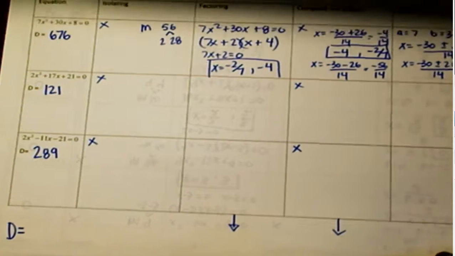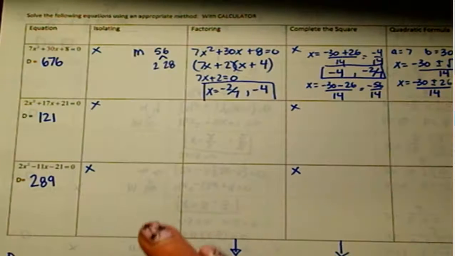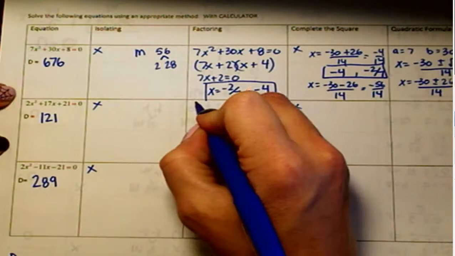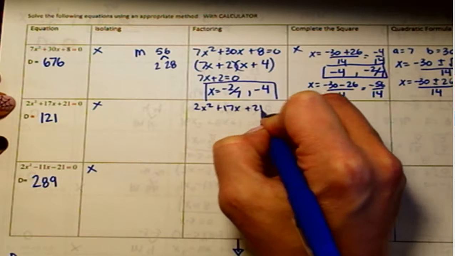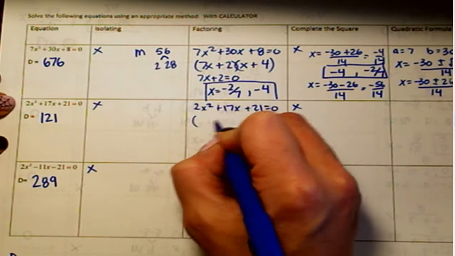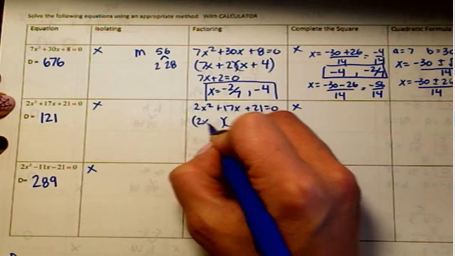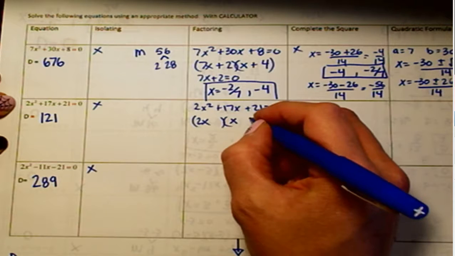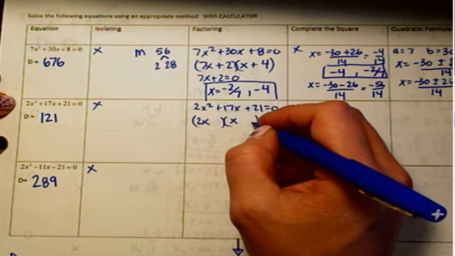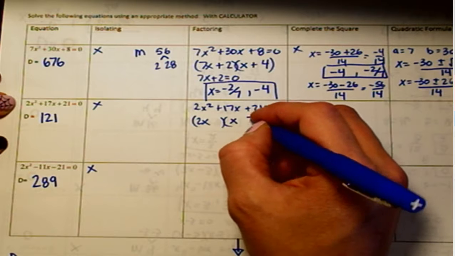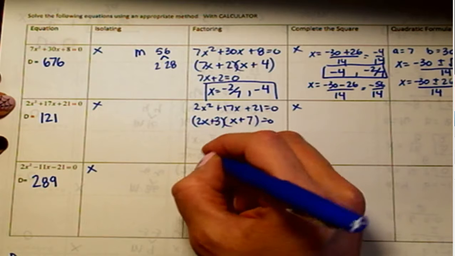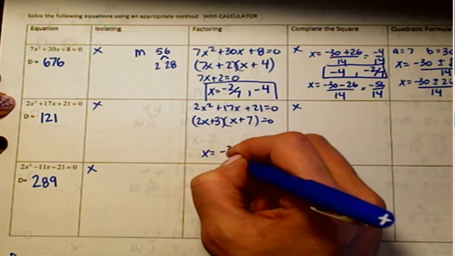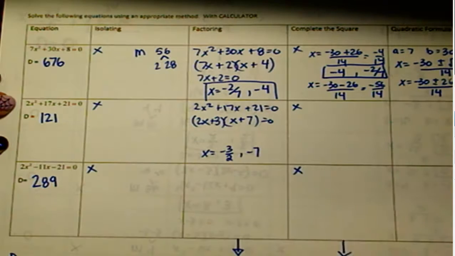So on page number 2, all of these problems actually factor. Okay, 21 equals 0. You just have to be a little careful here. Multiply to 42, add to 14, and plus. Okay, so we end up with x equals minus 3/2 and negative 7.